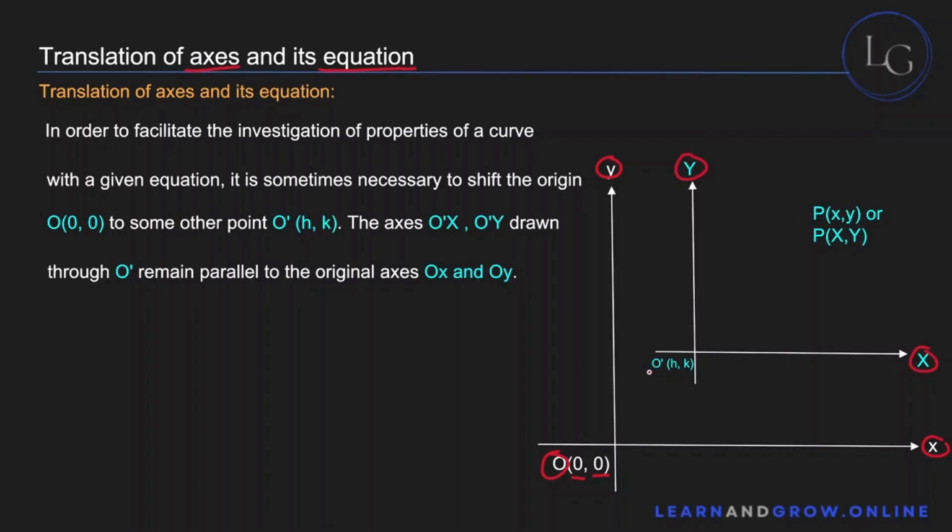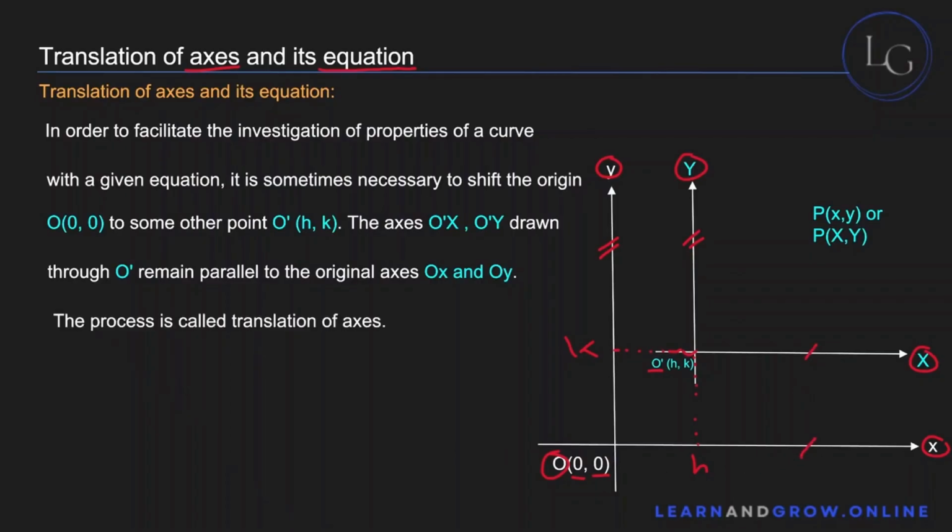So the origin would be shifted to points, let's say h and k, right? So basically this would be h and this would be k. Okay, well, now that you have your new origin, you have your new axis as well. And obviously the new y-axis would be parallel to the old y-axis, and the new x-axis would be parallel to the old x-axis.